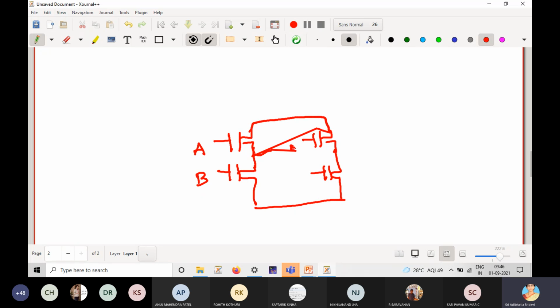So AB, A bar B bar, and here I'm using the dual network.